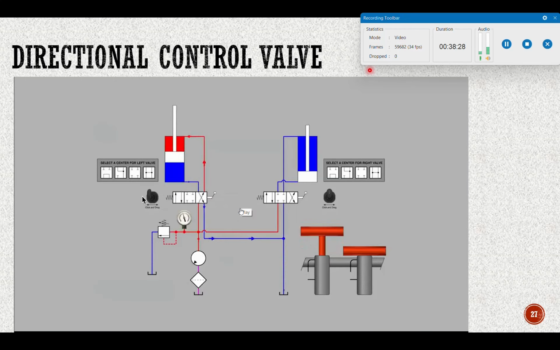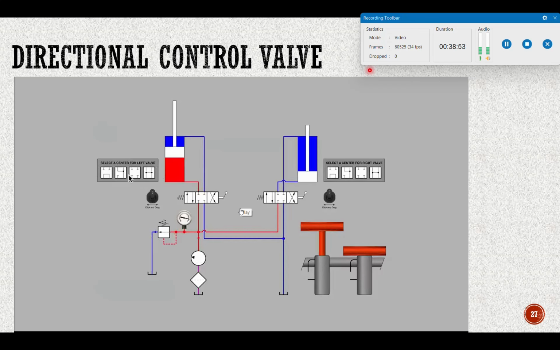4-port directional valves are very common for moving a hydraulic cylinder into position, but if that 4-port valve is the type that has 3 positions, a center position as well as 2 directional positions, how is that center position chosen from among the options that are typically available?